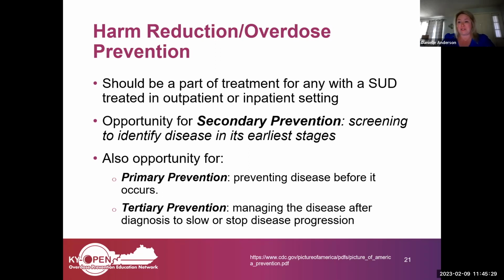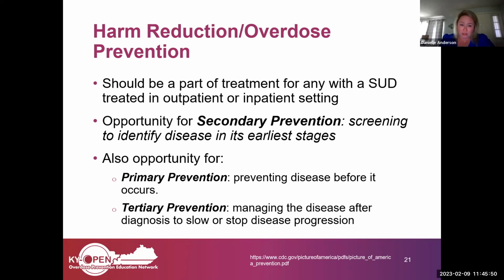Maybe we can identify that before the stimulant use disorder gets worse. This is also an opportunity for primary prevention, where we may be able to prevent another substance use disorder or the sequelae of a substance use disorder, such as endocarditis or developing a bacteremia or life-threatening condition from use.